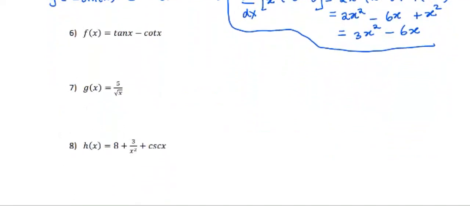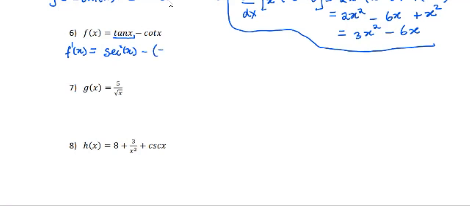So number 6 is f of x equals tan x minus cotangent of x. Well, if you're trying to find the derivative of f of x, which we write as f prime of x, again, we have to take the derivative of each of these terms. The derivative of tan of x is equal to secant squared of x, minus the derivative of cotangent of x.